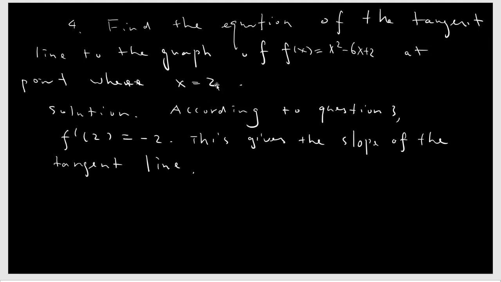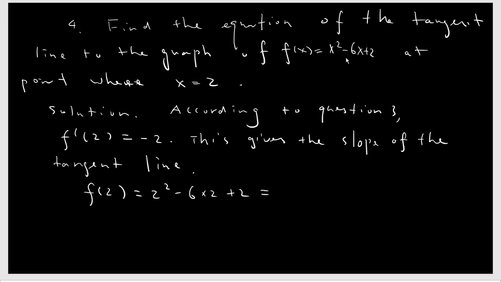We know the x coordinate of the point, right? In order to get the point, you also have to get the y-coordinate of the point. So you have to evaluate the function at 2. We are trying to get the point when x-coordinate is 2. The y-coordinate can be obtained by evaluating the function at 2: 2 squared minus 6 times 2, and then plus 2.